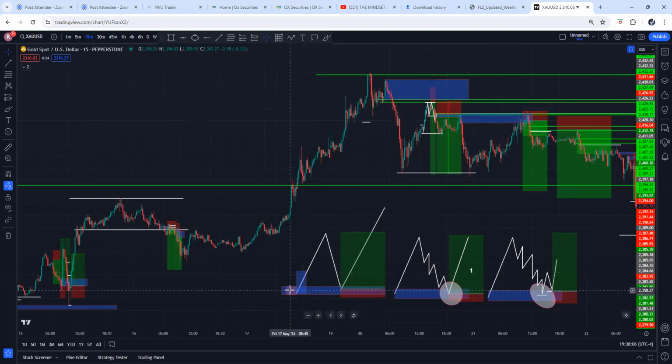In a scenario like this, this is your engulfing candle. A candle that completely takes out the candle prior is called an engulfing candle. This candle right here is then said to be your order block, which is basically an institutional candle.